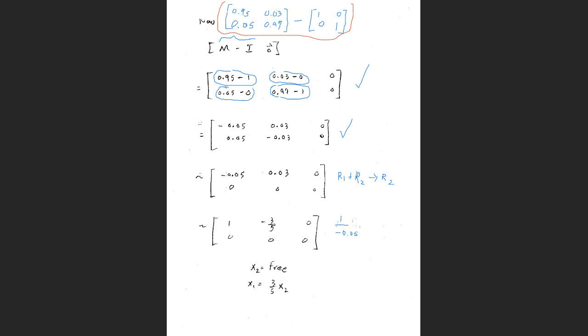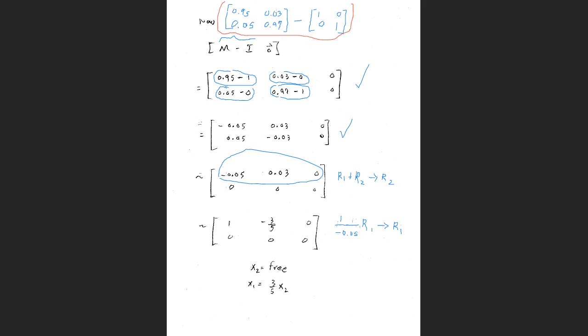Taking 1 over negative 0.05 and multiplying that. So, of course, I did it up here, right? Because I want a 1 as my pivot there. So it's like multiplying by negative 20 on the first row.